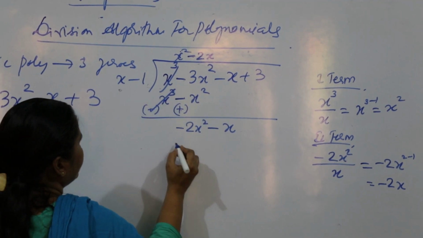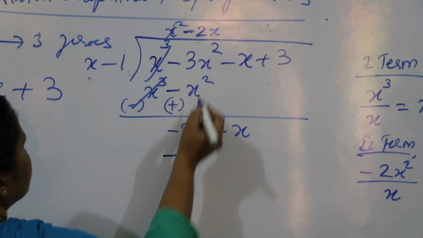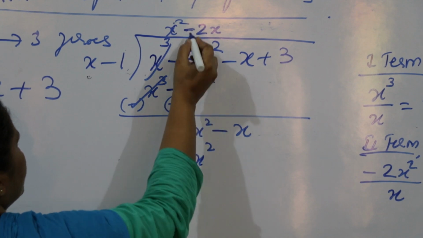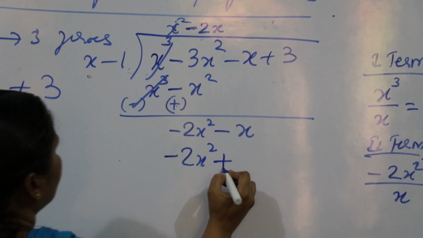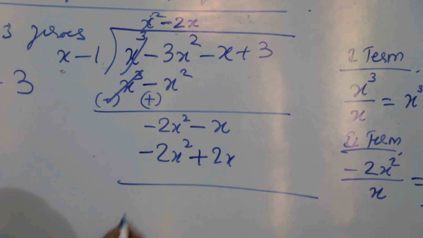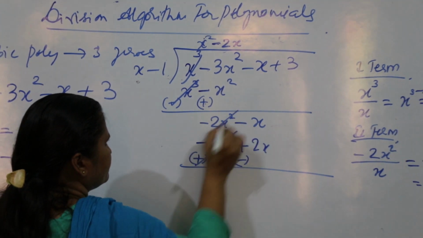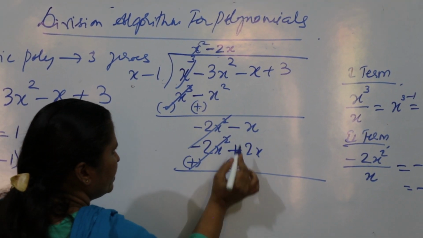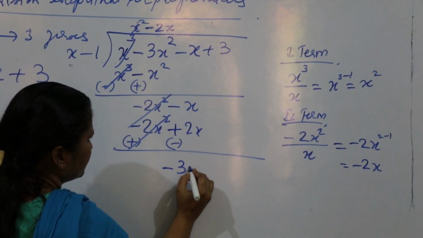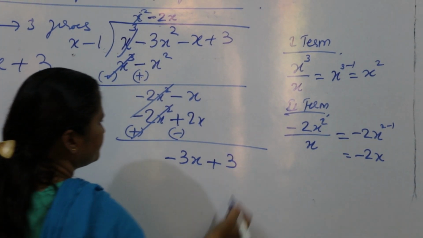Now let's multiply: minus 2x times x is minus 2x square, and minus 2x times minus 1 is plus 2x. Sign change. So this will be minus x minus 2x, which becomes minus 3x. Now bring the last term down.